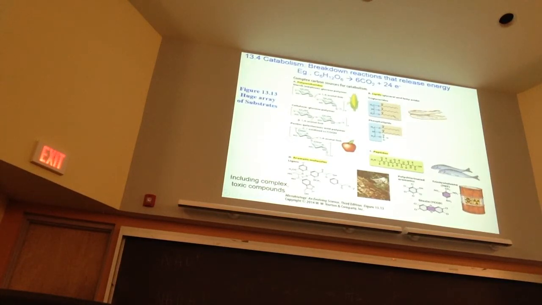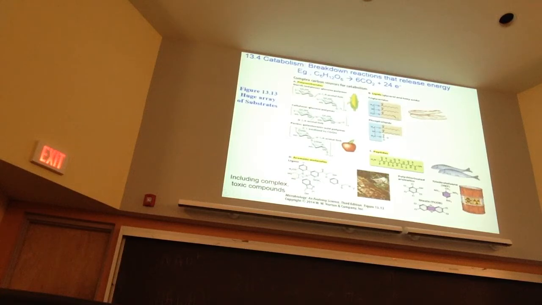Kind of the interesting thing in this bottom shelf of substrates are some of the unique substrates that are used by bacteria. They can use these very complex and at times toxic compounds. We've got organisms in my laboratory that break down trinitrotoluene, TNT.